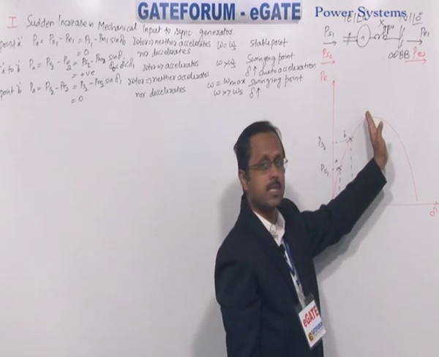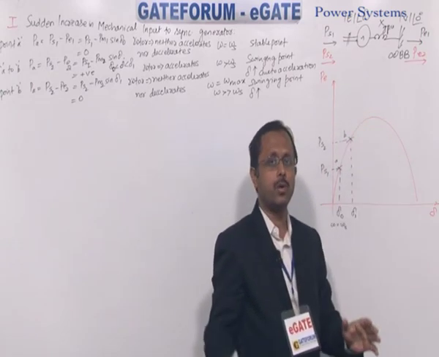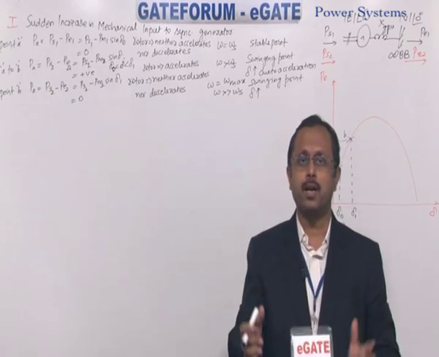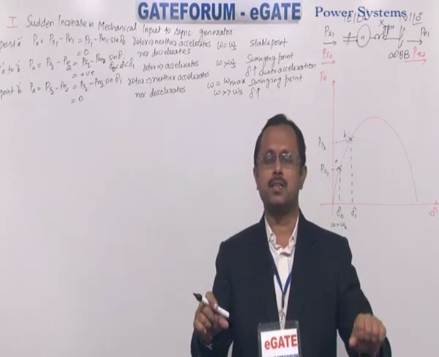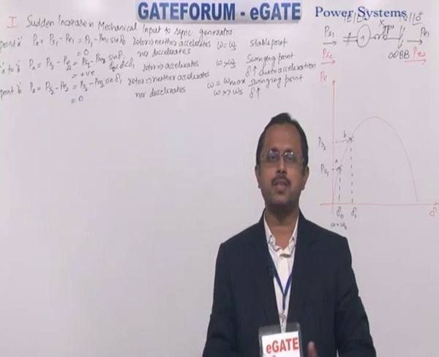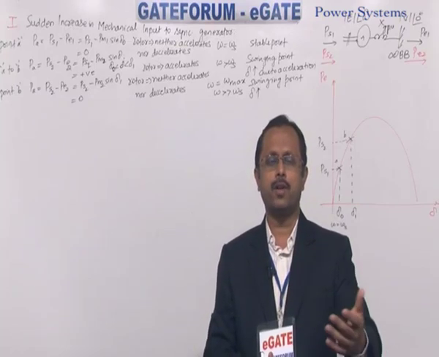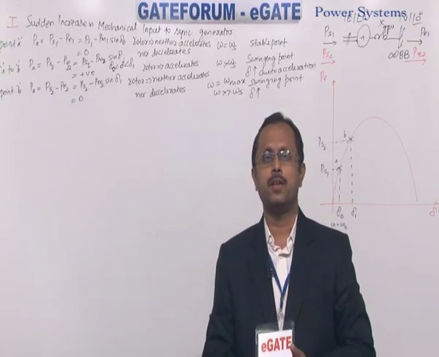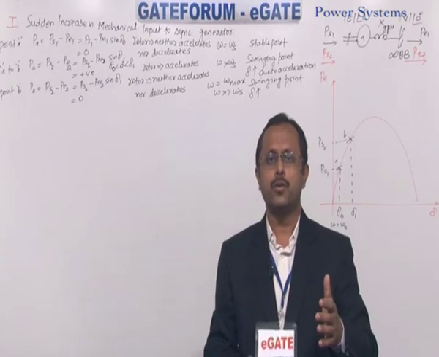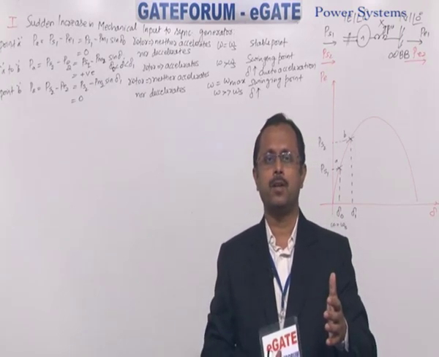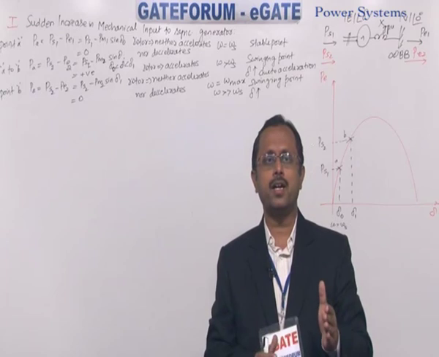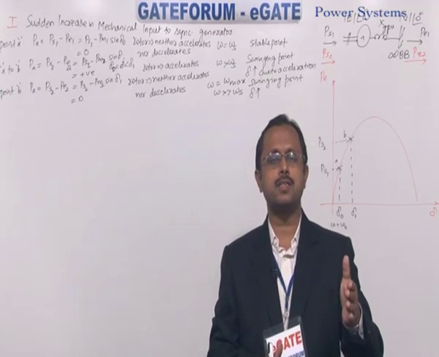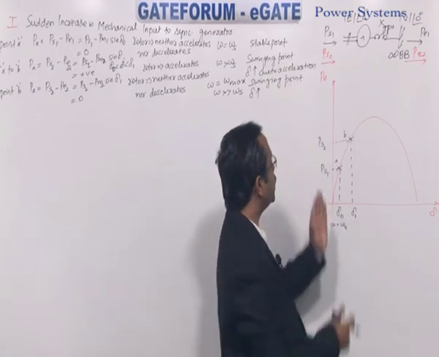It will further increase. See, when you are going on a bike, you apply the brakes. Will it stop at that same instant? Say maybe after 1 foot or 2 feet. Same thing applies here. You got PA equal to 0, but delta continues to increase further.